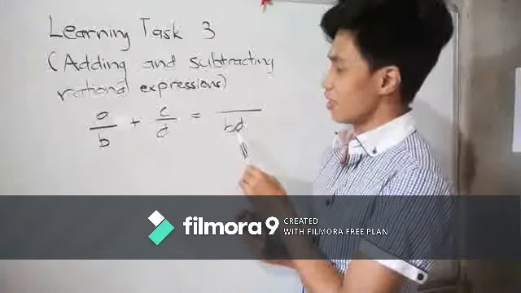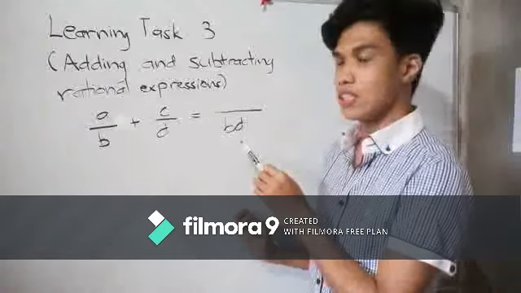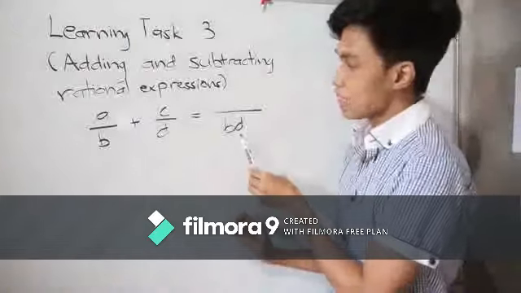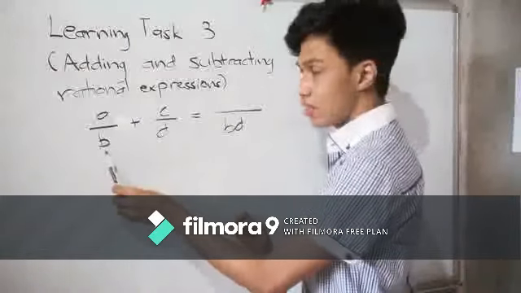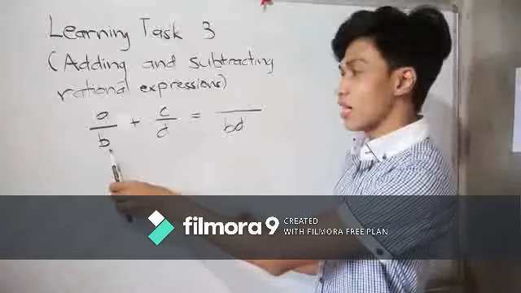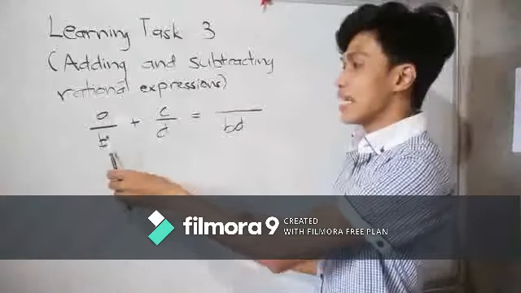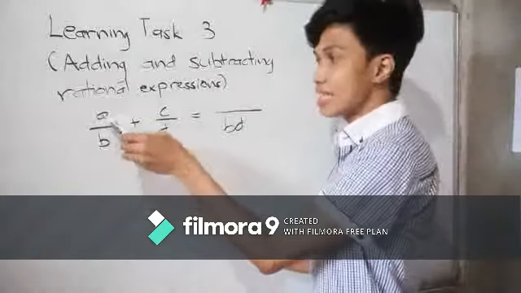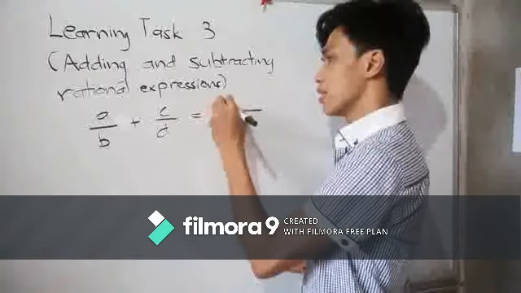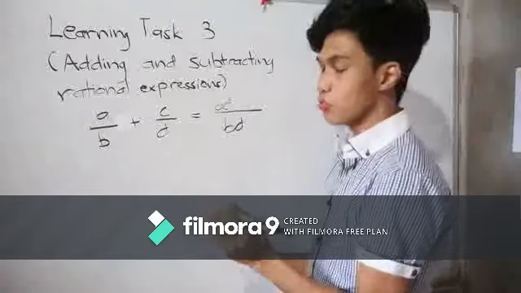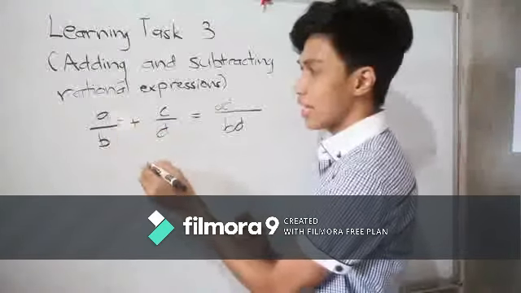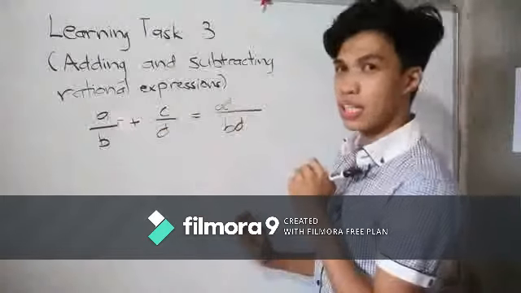After we find the LCD of B and D, which is BD, divided by B, what remains is D. The letter B is cancelled out. Then, D times A, that will be AD. If you notice, we are just multiplying D to A, and that will be AD.